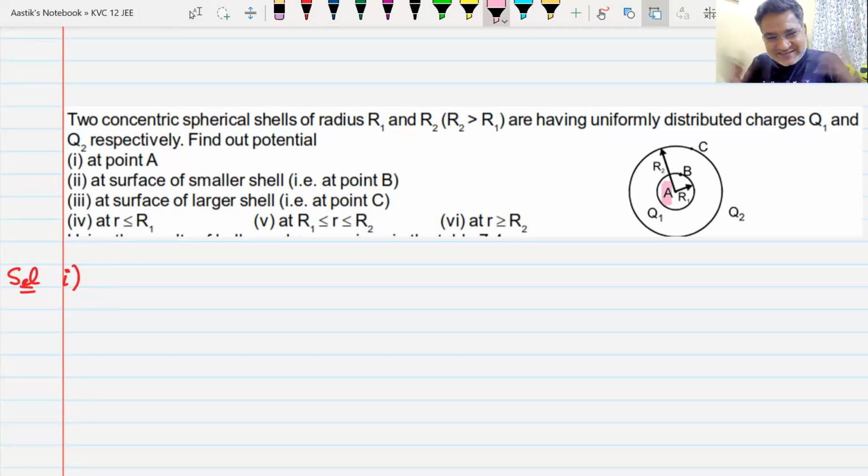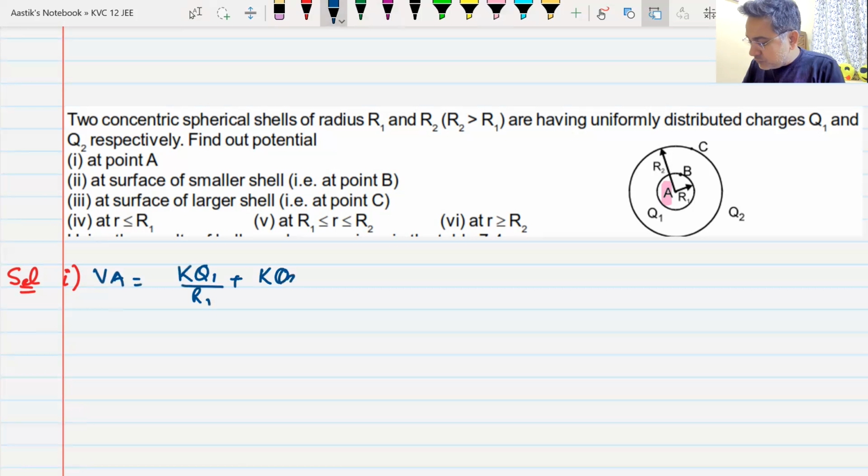You can simply add and subtract and stay happy. Don't have to worry about directions. So potential at point A will be KQ1 by R1 plus KQ2 by R2. No prize for guessing this. This is very simple. We move on to point number 2.